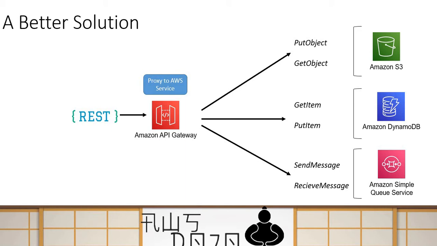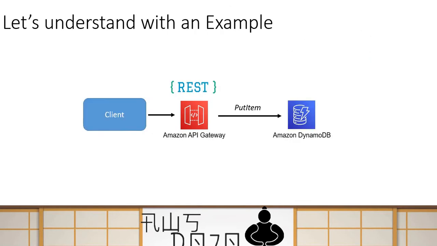So let's try to understand what it takes to configure API Gateway to create a proxy API. We will understand this with one example, and we will also do a hands-on with this example, so you get a feel of how to configure a proxy service.